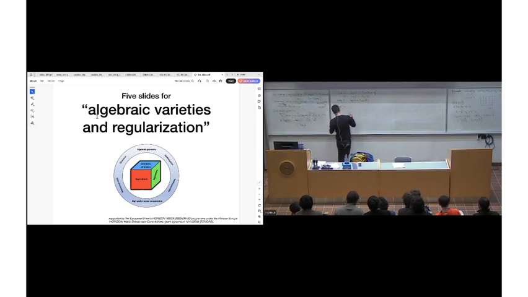Definition. The toric variety, or affine toric variety, of a matrix A is the closure, the Zariski closure, of the exponential of its row span.